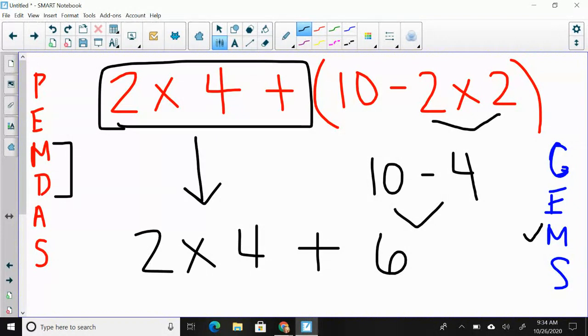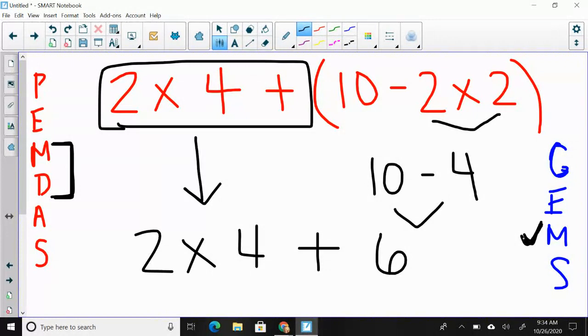Is one of those operations more important than the other? I shouldn't say more important, but do I have to do one of those first according to PEMDAS or GEMS? Kaylee? Yes, I still have multiplication that I have to work on before I have to add or subtract.